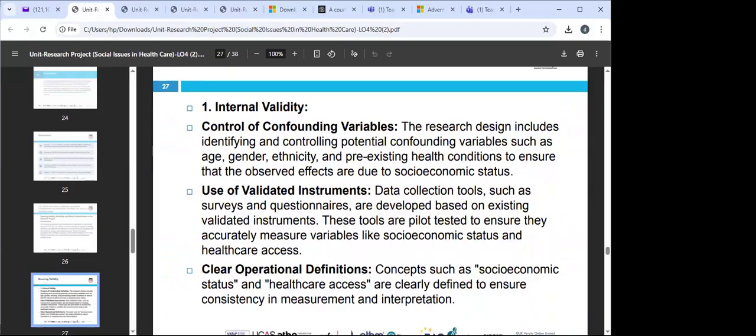So once you talk about socioeconomic, depending on the wording, you need to look at the age factor, the gender factor, what is confounding the particular area that you seek to talk about. Those are things that we expect you to mention.